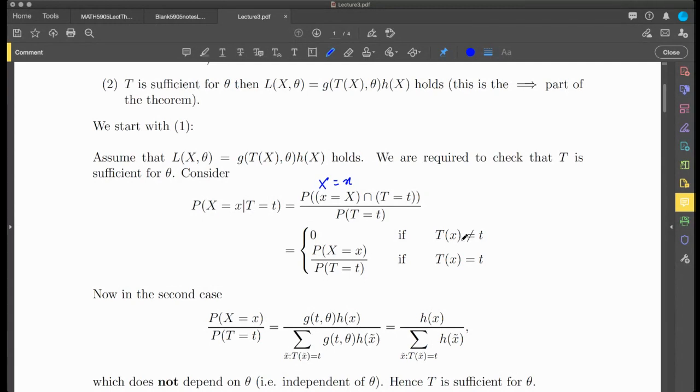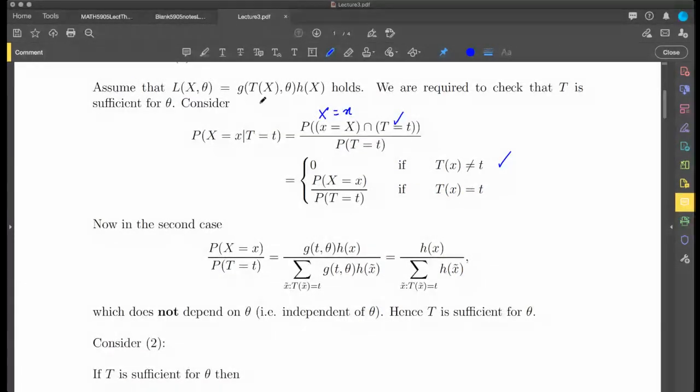Now again, if T(x) does not equal t, then this event can't happen, so the numerator has probability 0, and the whole thing is just 0. On the other hand, if T(x) does equal t, then this event has occurred with probability 1, and so we only have to consider the probability that X equals x divided by the probability that T equals t. Clearly, this first case doesn't depend on theta, so this is fine. Now let's look at the second case.